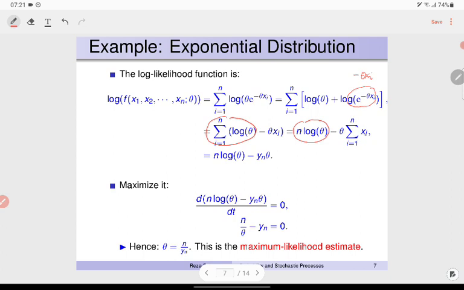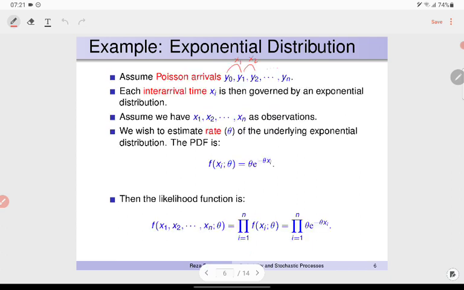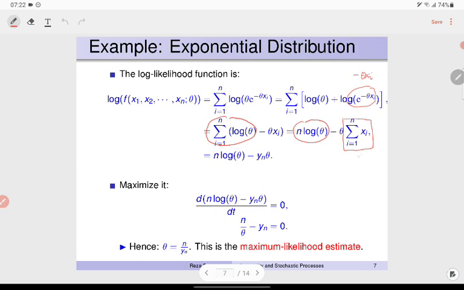But remember, if we sum up all of these xi's, from x1, x2, and so on until xn, the sum is actually quite easy. The sum is exactly equal to yn because they are inter-arrival times. Therefore, the log likelihood function is given by n logarithm of theta minus yn theta.